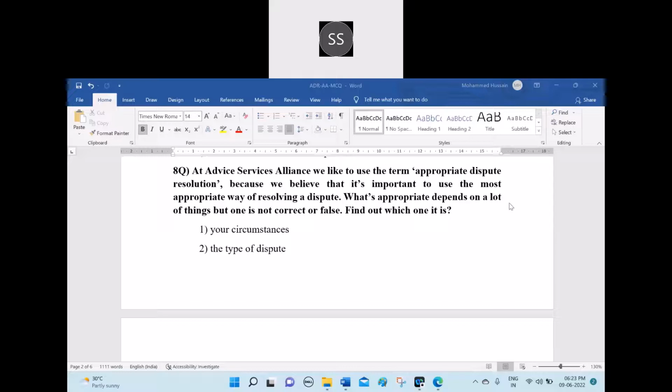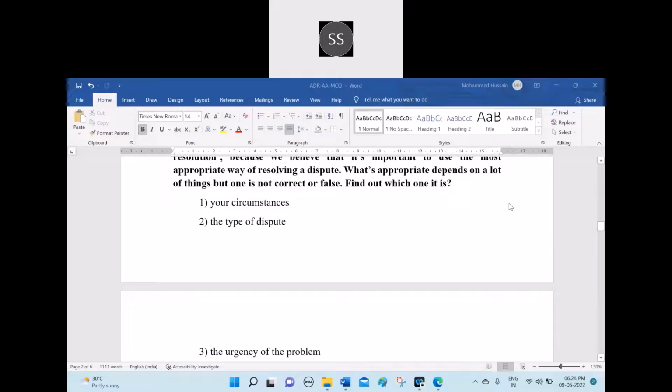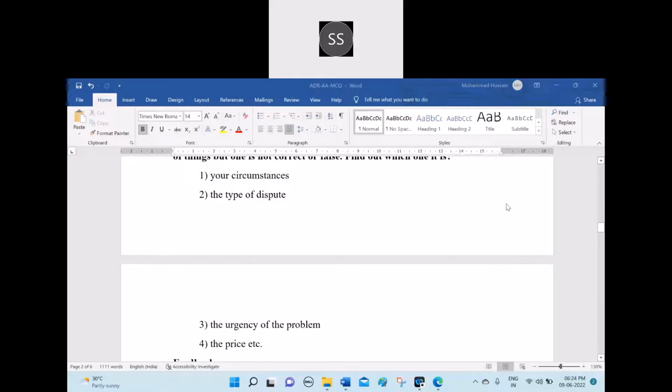What is appropriate depends on a lot of things, but one is not correct or false. Find out which one it is. Number one, your circumstances. 2, the type of dispute. 3, the urgency of the problem. 4, the price, etc.